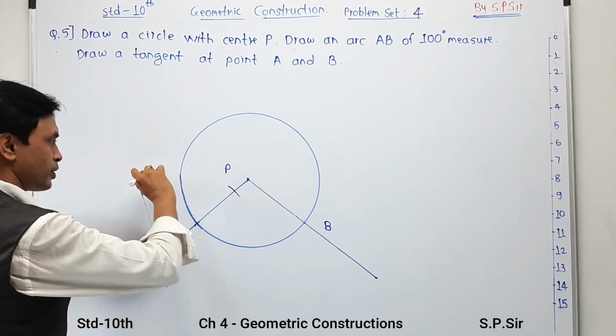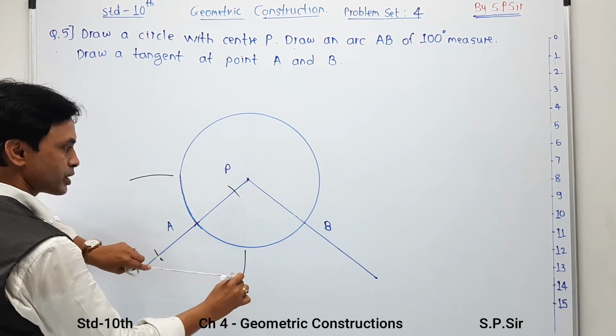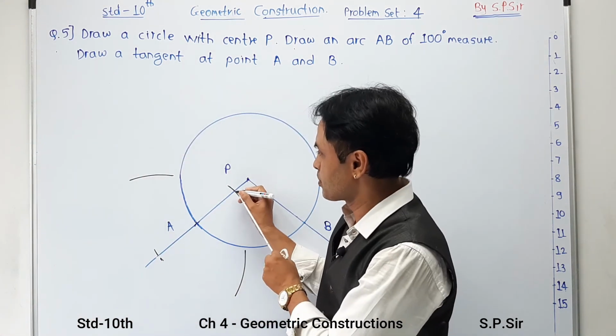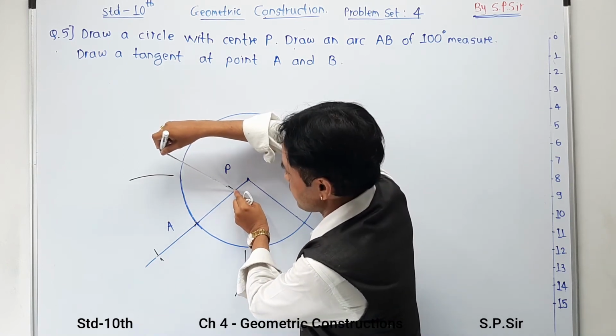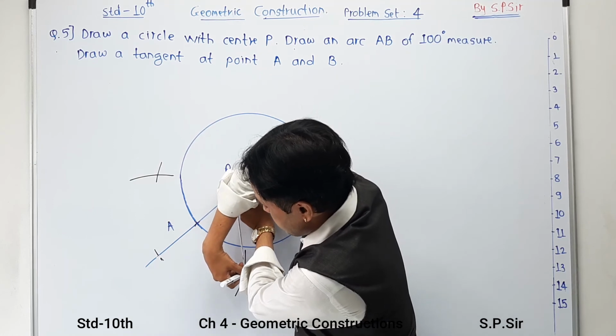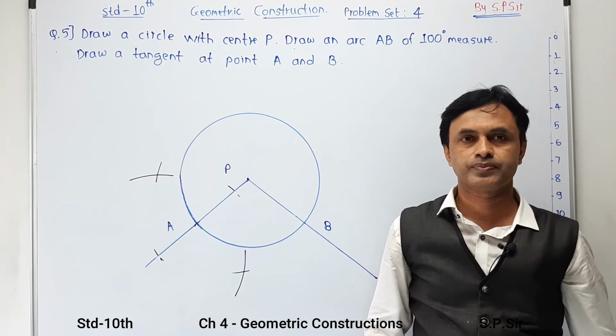From this point, your first arc is upstairs and second arc is downstairs. Now keeping the same distance over here, you have to make use of this second mark, and with the help of that, your first mark is over here and your second mark is over here, and in this way your first part is over.